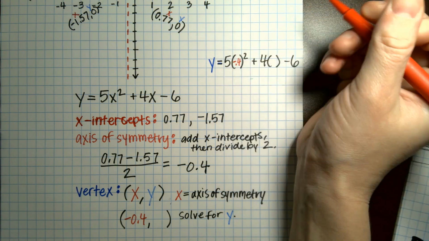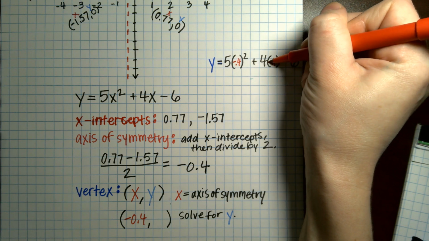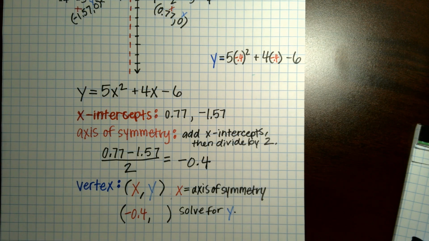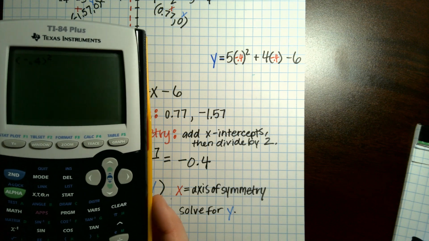I'm going to leave out the 0 because I don't have space. Negative 0.4. We just have to solve all that, don't we? Yep, now we just solve.